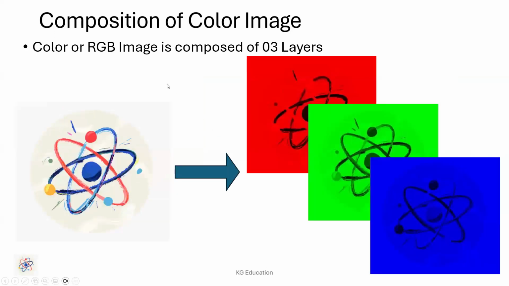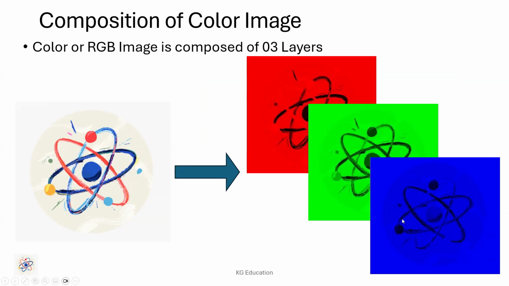If we go into the theoretical aspects of a color image, a color image or an RGB image is composed of three layers, which are the components: contributions from red color, contributions from green color, and contributions from blue color.